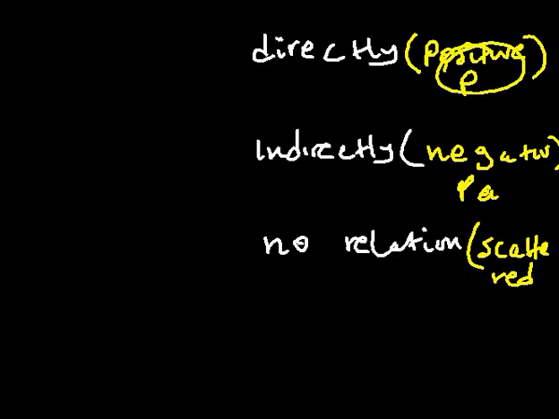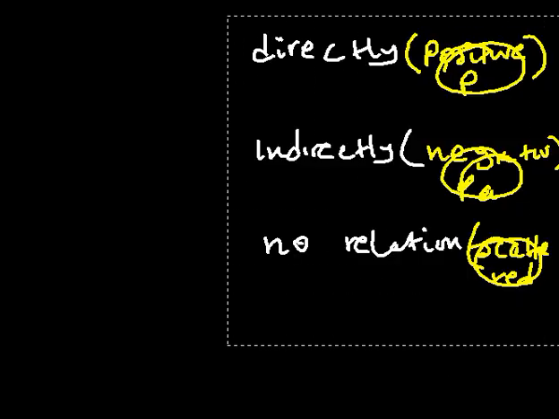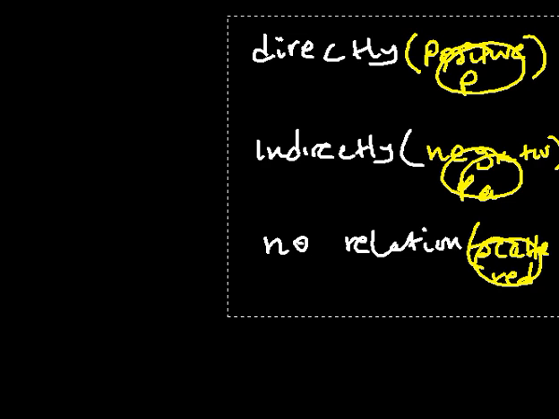By the way, a scattered pattern can also be said to be no pattern, because the plots do not really show what the relationship is.